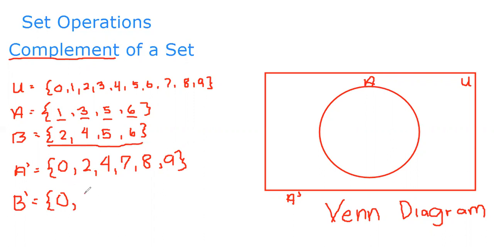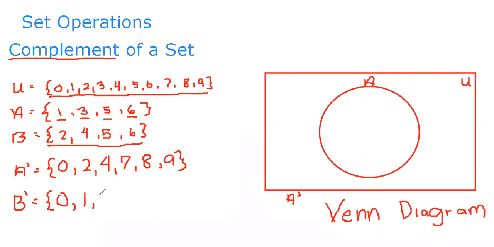We're going to write 1 because there is no 1 in set B. So, lagi pa magsusulat ng 0? Yes. Depende kung wala siya kay set B natin, okay? Kasi meron tayong 0 in the universal set, diba? Dapat isusulat din natin si 0 kasi element siya ng universal set.